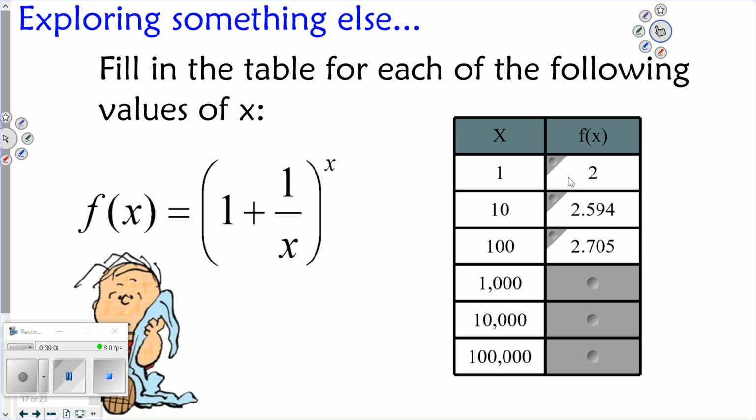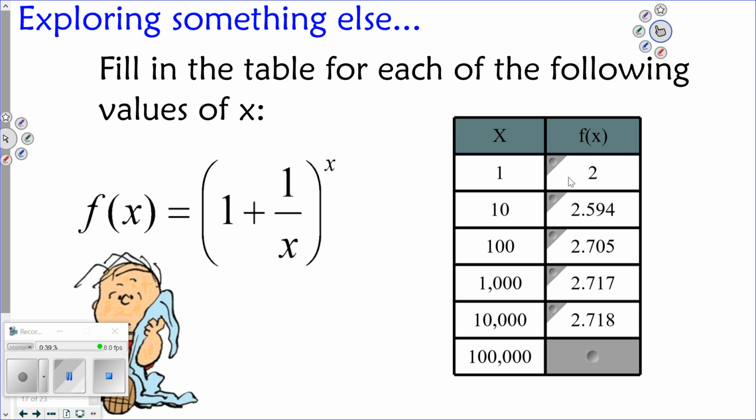You think it's always going to be there? What happens if I put in 1,000? What's the decimal? 2.717, around that. Okay, now it's stuck at 2.7 something. What if I put in 10,000? 2.718, you said?